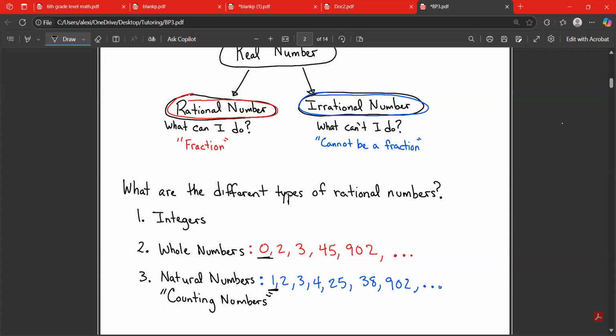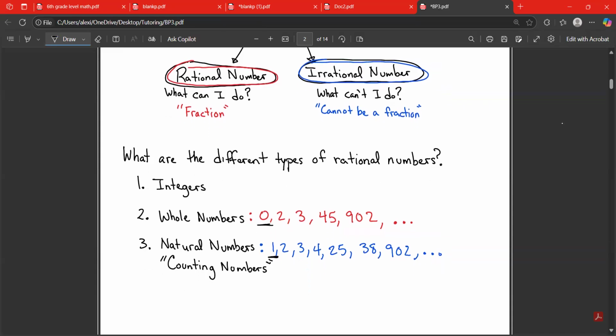So I hope you're understanding that whole numbers and natural numbers are actually related to each other. Every natural number is a whole number. Make sure when you're writing, you're reading. And of course, if I'm writing too fast, that's what the pause button is for, okay?